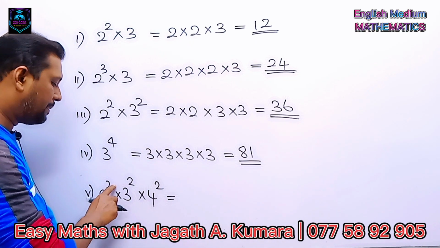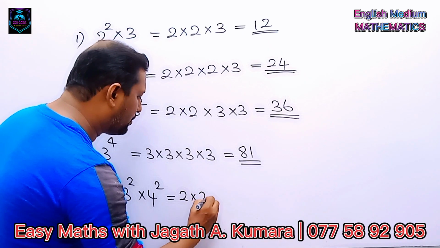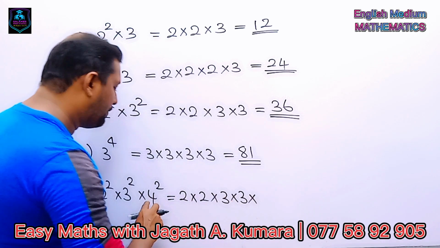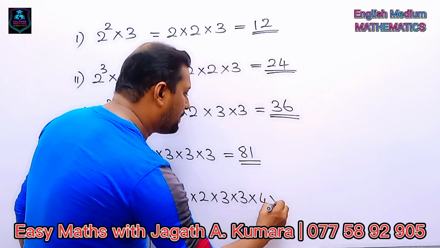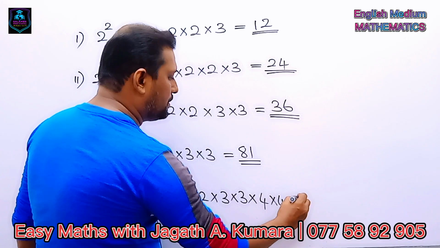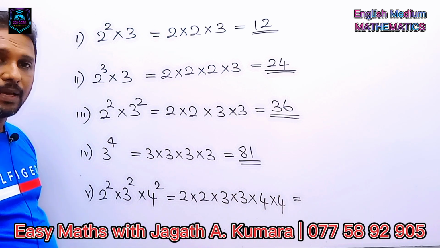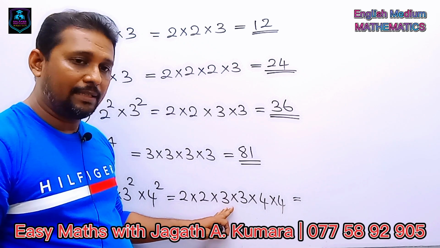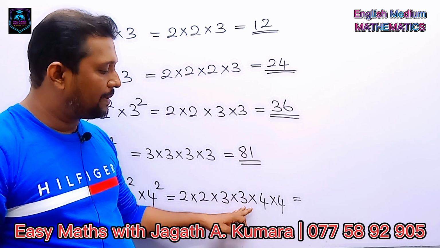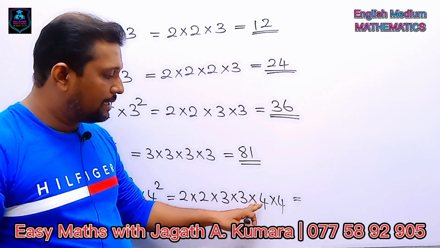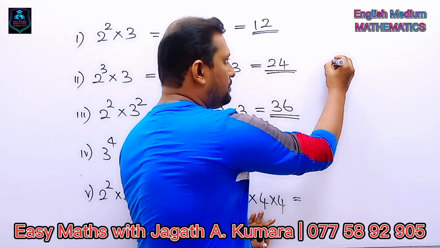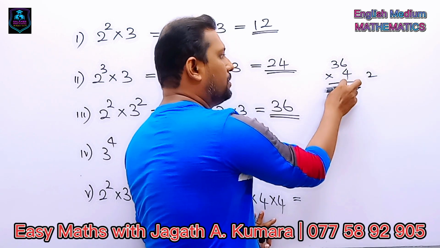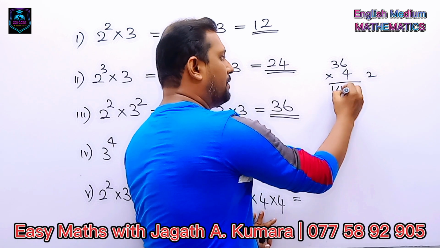Next one, 2 to the power 2. 2 multiply 2. 3 to the power 2. 3 multiply 3. 4 to the power 2. 4 multiply 4. Now carefully you have to multiply these values. 2 multiply 2, 4. 4 multiply 3, 12. 12 multiply 3, 36. 36 multiply 4, 24, remaining 2. 12, 12 plus 2, 14. 144.